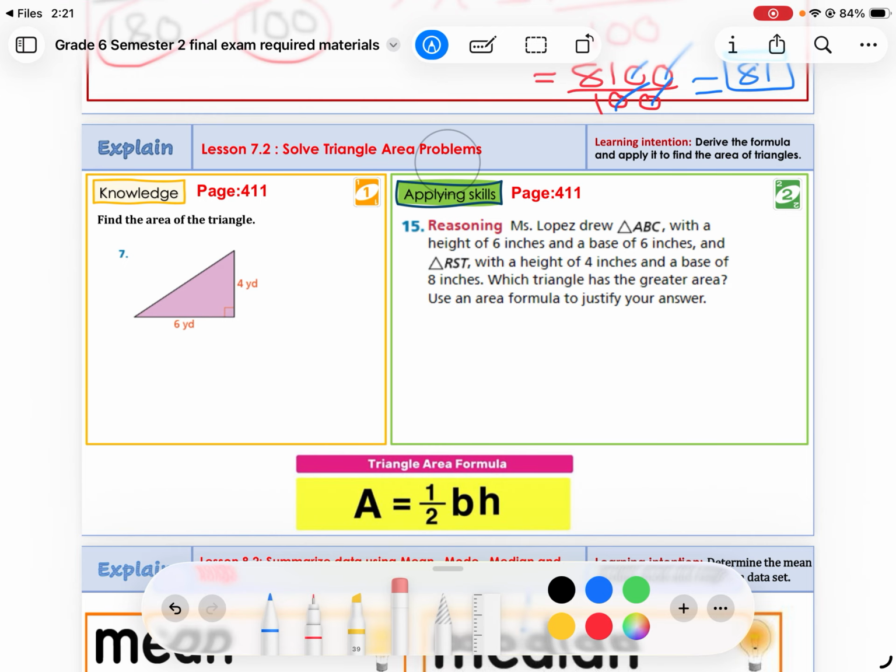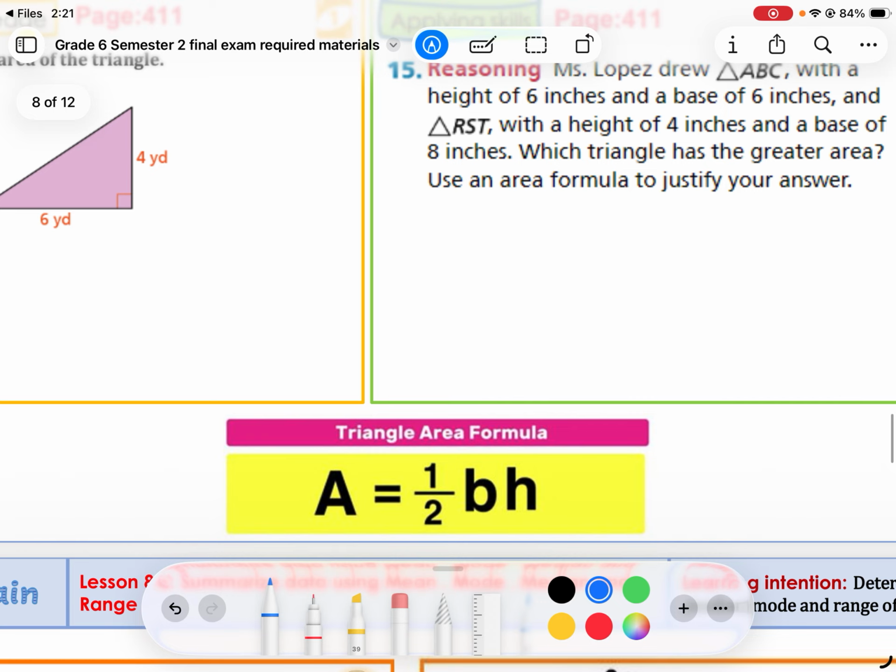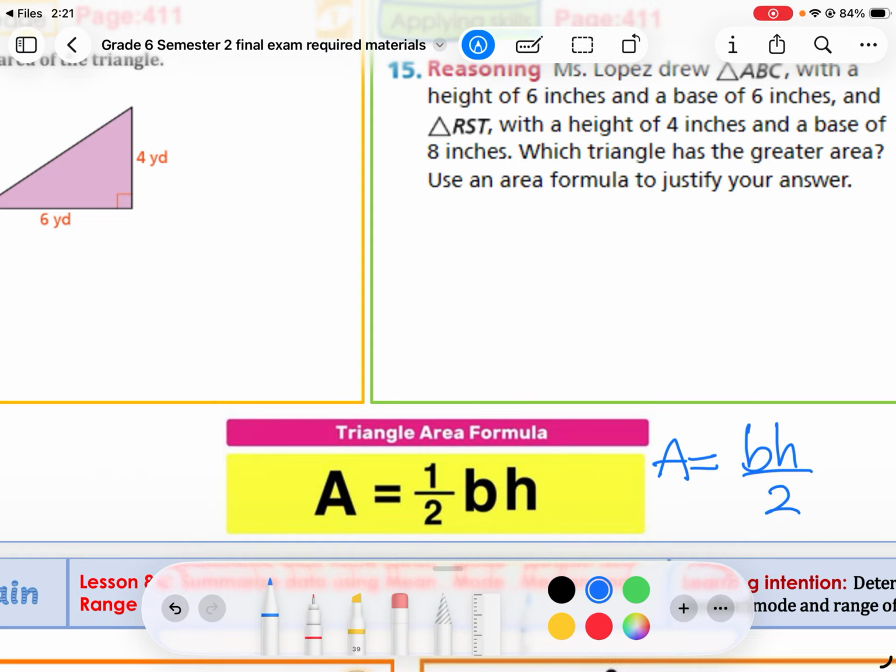For this lesson we will learn how to find the area of the triangle. So all you have to do, guys, is apply the formula to solve every single question in this lesson. The formula that we use to find the area of the triangle is area equals half times base times height. It's the same as writing base times height divided by 2.